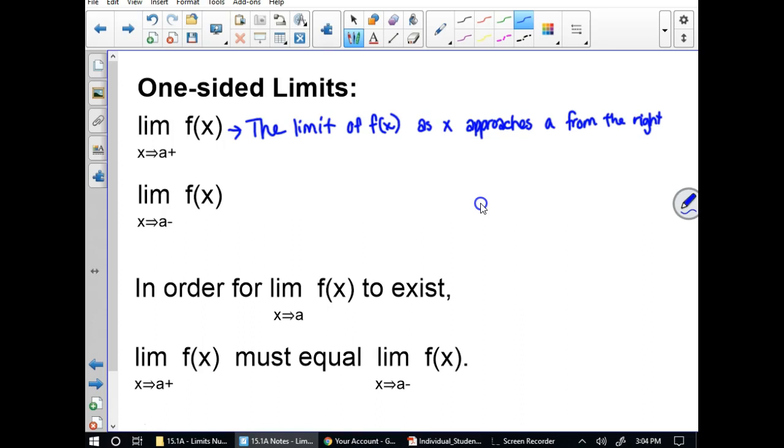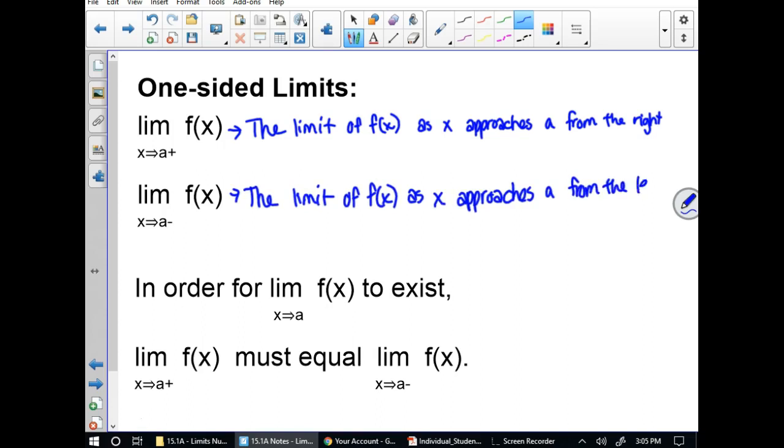If you have a minus sign behind your A, then that means the limit of f of x as x approaches A from the left. So this one would be the limit of f of x as x approaches A from the left.